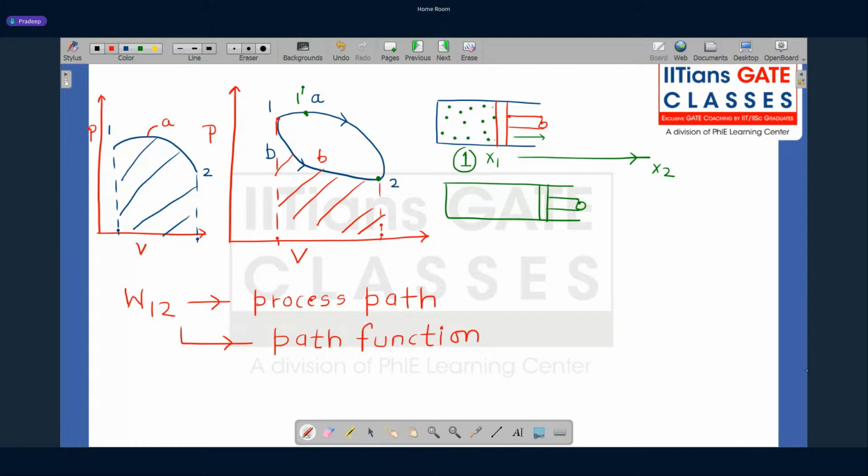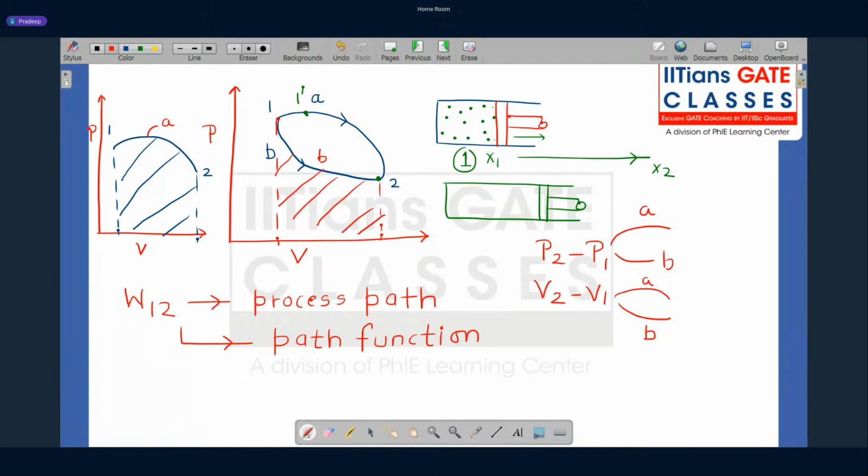Now let us try to understand one more thing. We discussed that work transfer is a path function. Let us say I ask you what is the change in pressure, what is P2 minus P1? Or what is V2 minus V1? When I go by path A and when I go by path B, similarly here, do I get the same answer or a different answer?